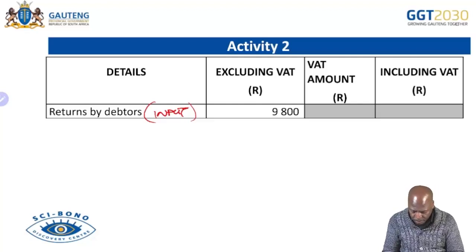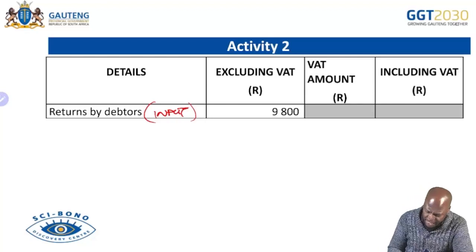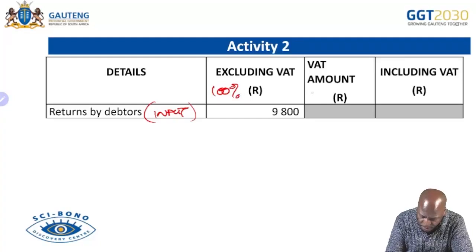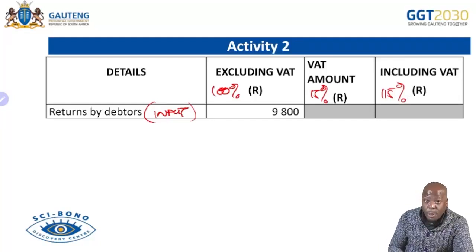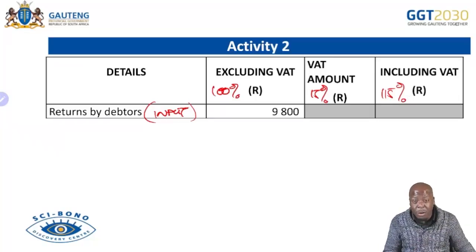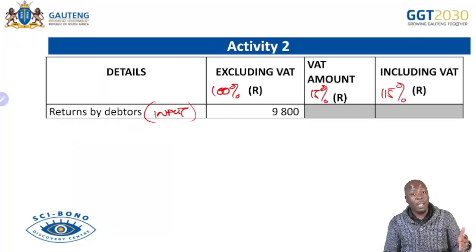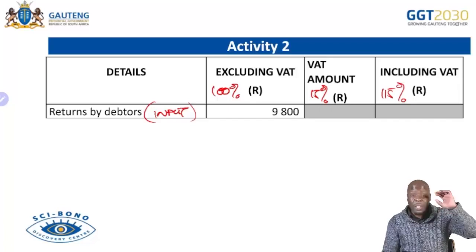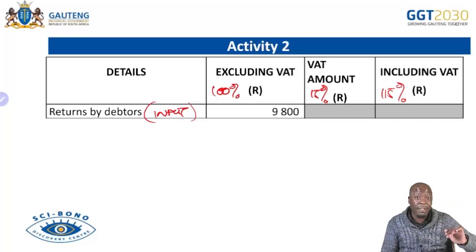Goods are coming in. Now, I need to calculate my VAT. Excluding VAT, remember, 100%. VAT, 15%. Including VAT, 115%. Now, tell me, what do I do to calculate? Remember the UK method: whatever you want, you put it on top, what you have at the bottom, but your have must have two values, the percentage as well as the rand.